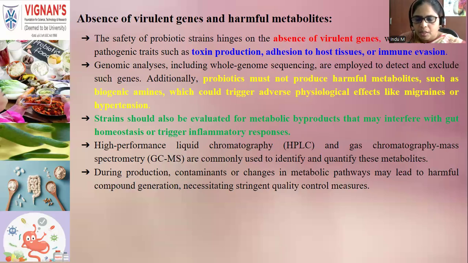You need to check whatever metabolites are produced by the probiotics. They should not produce any imbalance in the gut system, or any inflammatory response in the host system. And techniques like HPLC and gas chromatography are generally used to identify and quantify these metabolites.